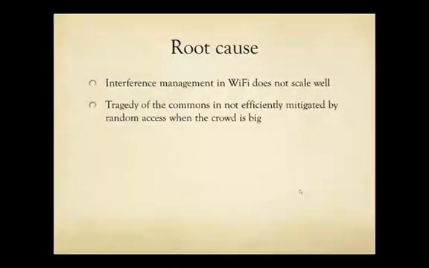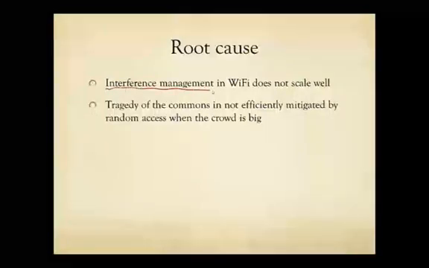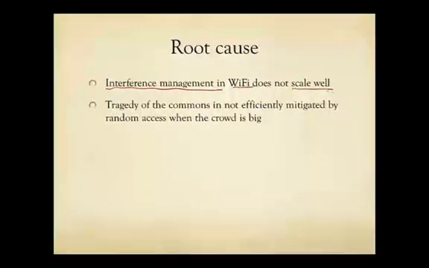And the root cause in 2 bullets is that the interference management system used in Wi-Fi does not scale well as the number of stations or user devices increases, even from just several to, say, 10 or a dozen.